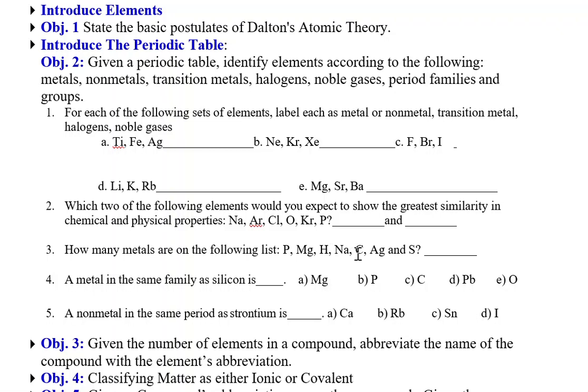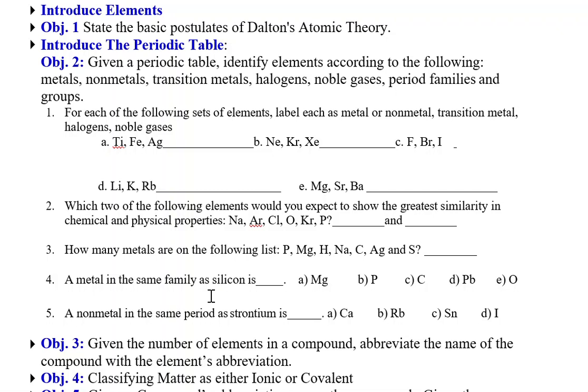Carbon is going to be way over in 4A. That is not going to be a metal. That's going to be a non-metal. Silver, well, it shouldn't surprise you that silver is a metal. And S, sulfur, is in column 6A. So out of these, we have 1, 2, 3 metals: magnesium, sodium, and silver.